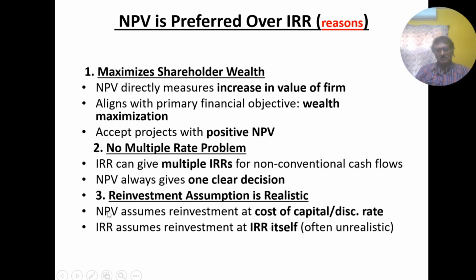Why? How? In the case of NPV, we give the cost of capital as the discount rate, and on the basis of that all cash flows are discounted and you get the result of NPV. But in the case of IRR, the rate of return is generated automatically from the given cash flows.